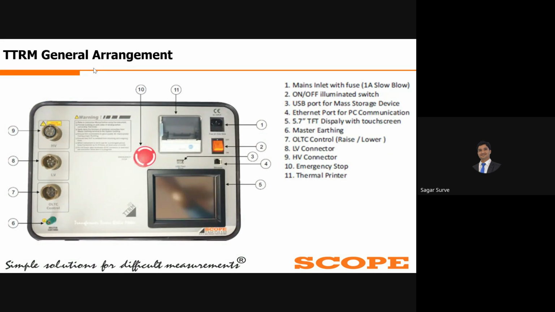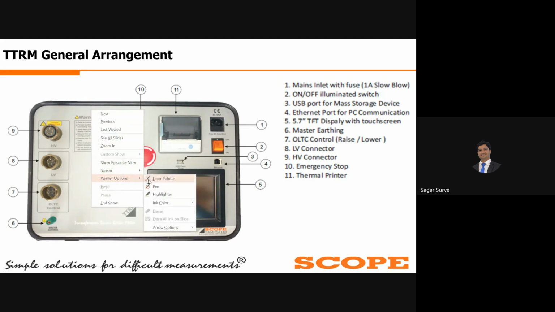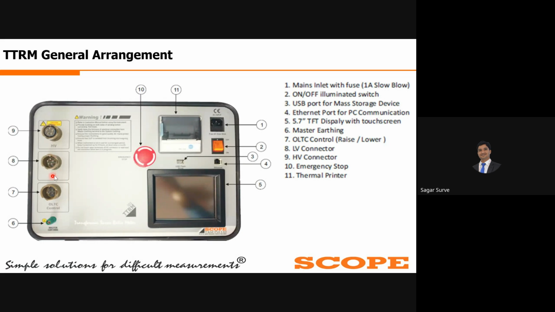So we can have a glance at the front fascia of our instrument, the TTRM 302. We can see here at the left side the output part, and at the right side the input part.